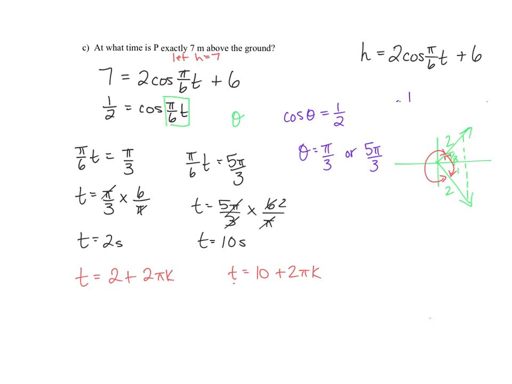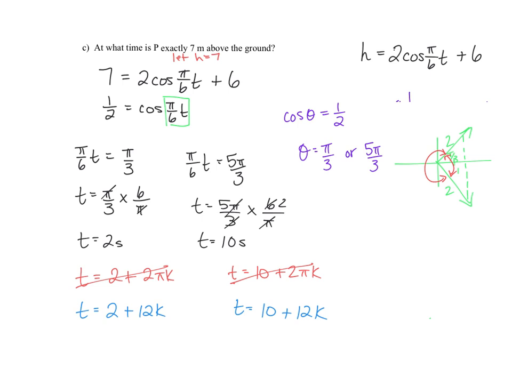Except I'm going to say that is incorrect, because in order for one full rotation to occur, our units are every 12 seconds it takes for one full rotation to occur. So our answer here would be t is equal to 2 plus 12k, or t is equal to 10 plus 12k, because again, our time is in seconds there.